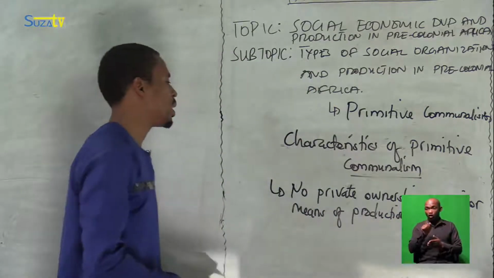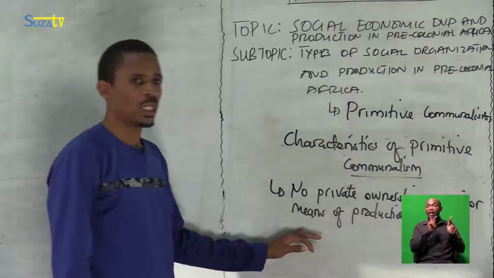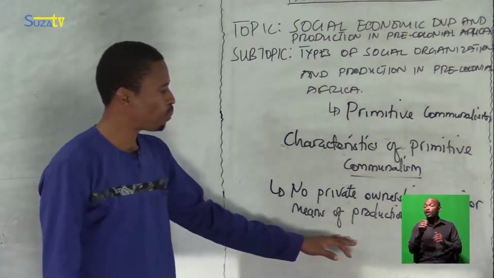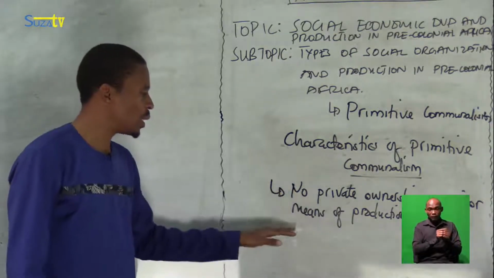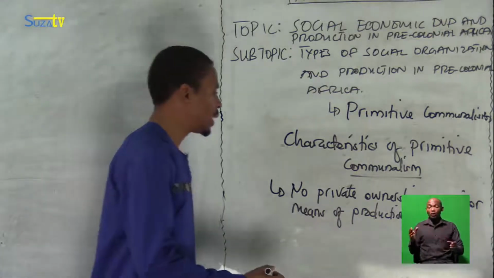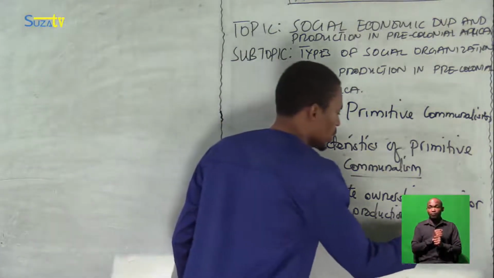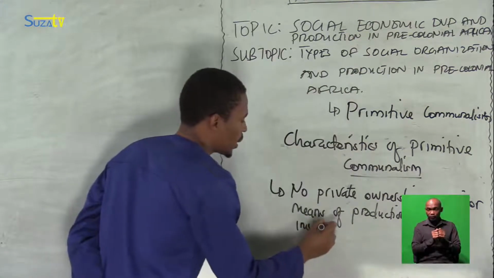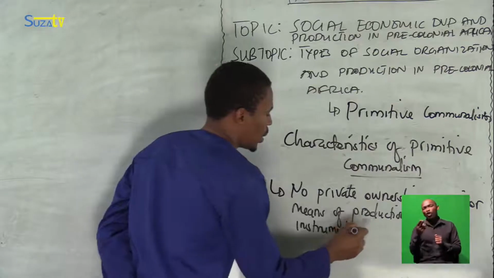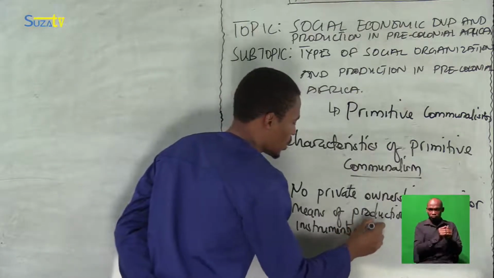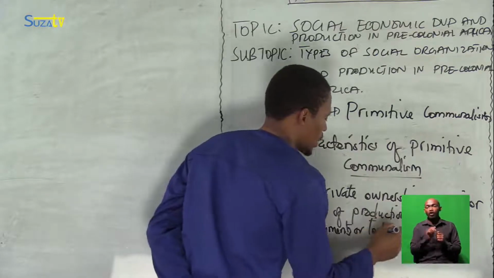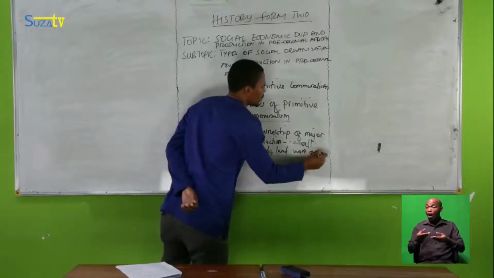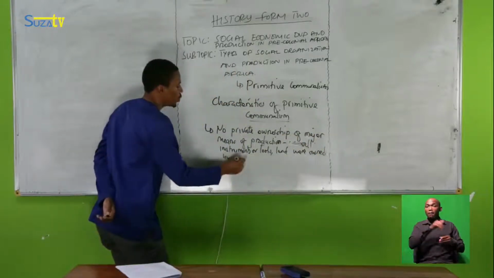Here we mean all major means of production, like land, all tools, all equipment, all instruments, were shared or owned by all community members.